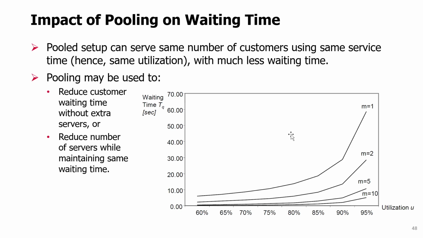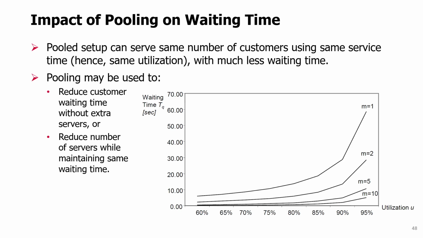This chart shows you if you go from one server, keeping the utilization constant, for example, at 80%, if you go to two servers, pooling two demand streams, and joining the two identical servers, the average waiting time drops. And if you pool 5 servers or 10 servers, there is still a decrease, but of course the decrease becomes smaller and smaller as you add servers. So the pooling is especially useful initially.